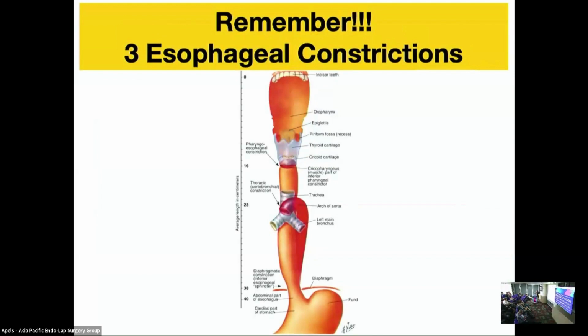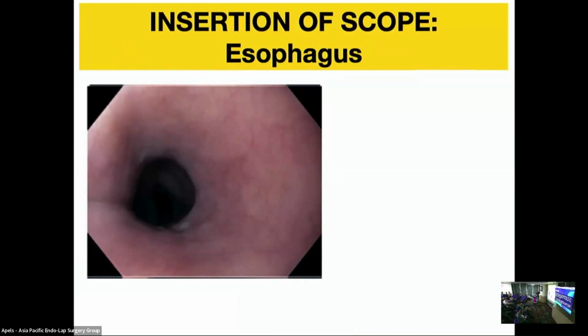So just remember that we have 3 esophageal constrictions: your CPJ, the thoracic or your aortobronchial constriction, although this is not as narrow as the first and the third. The third, of course, is the EGJ, or your esophagogastric junction, because of the diaphragm.